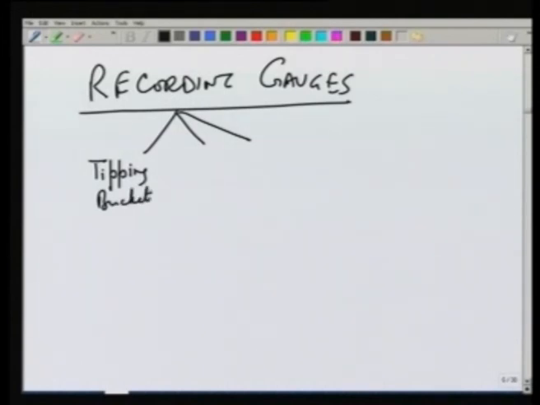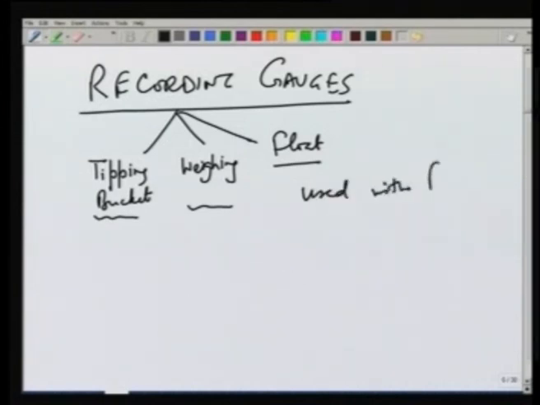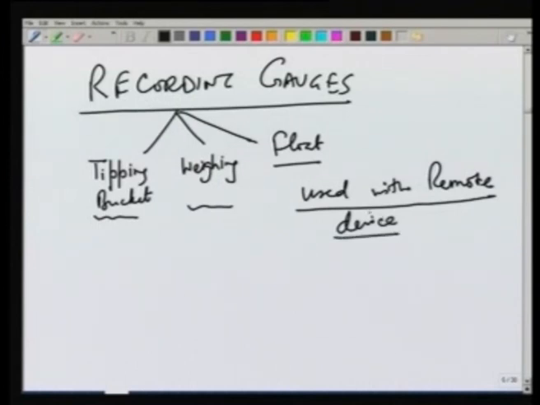then there could be some weighing gauges, or the three different types which we use, they may be combined or used with some remote device to transmit the data to a far location.